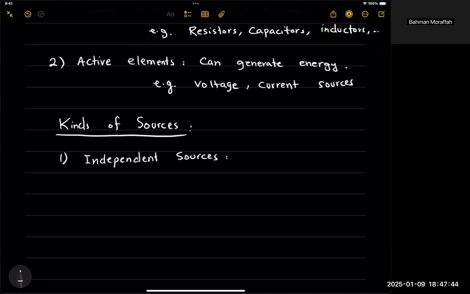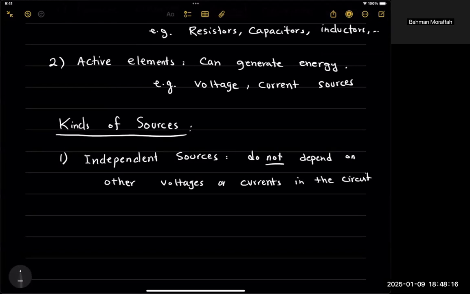Independent sources are the sources whose values do not depend on anything else in the circuit. So these sources do not depend on other voltages or currents in the circuit.